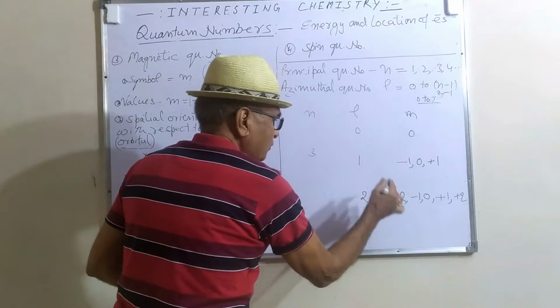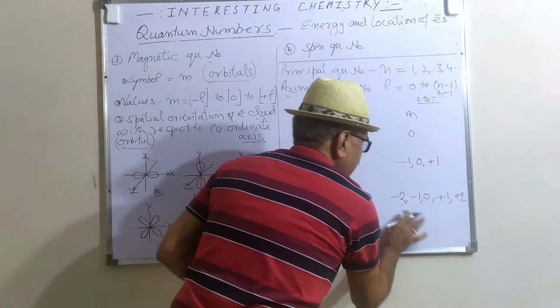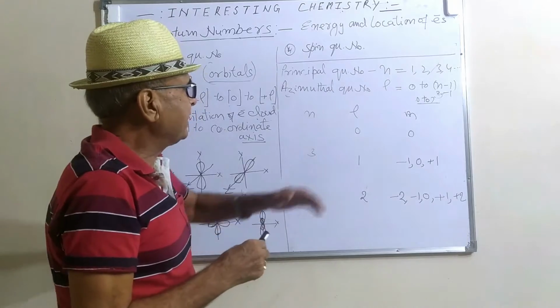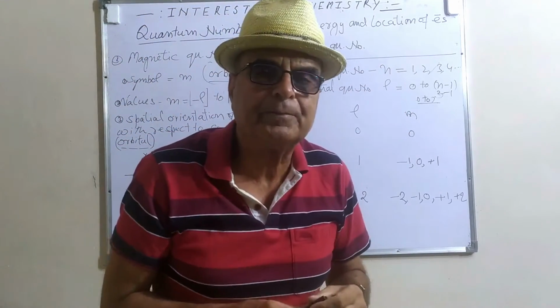There are 5 orbitals: dxy, dyz and so on. There are 5 orbitals of d. In this way you can find the values.